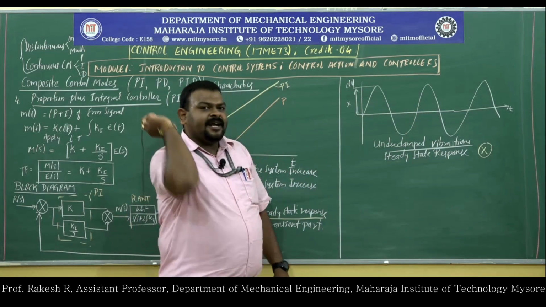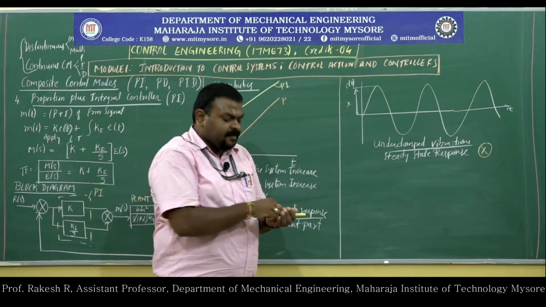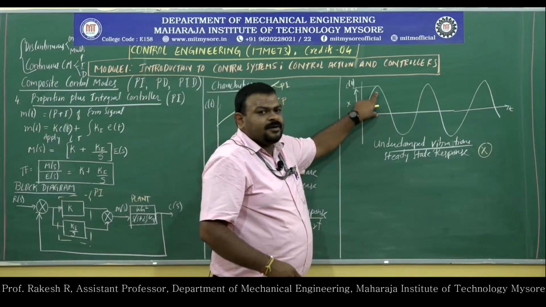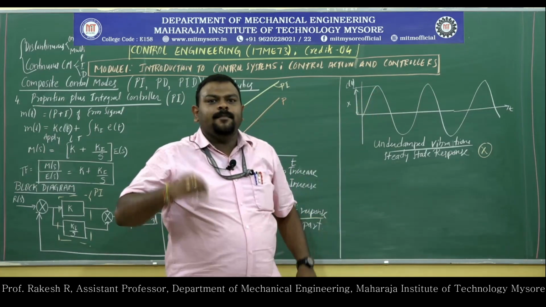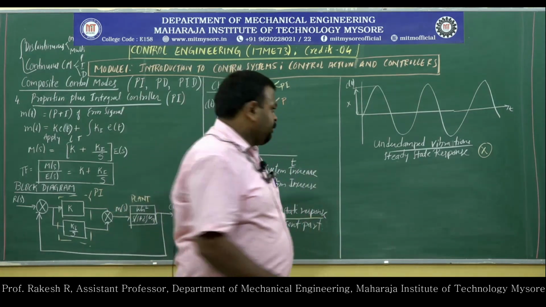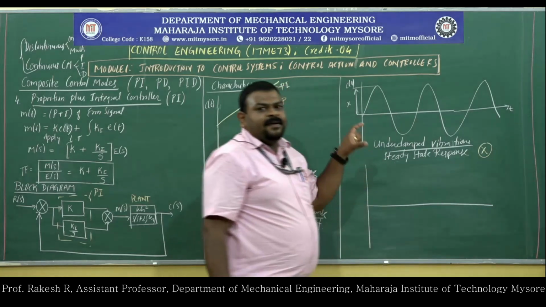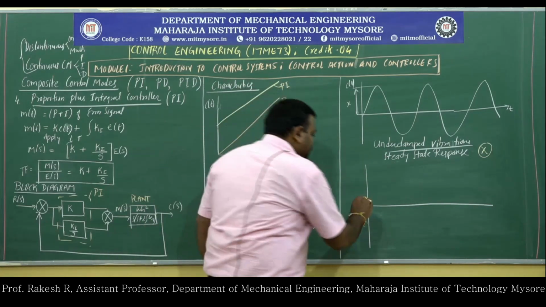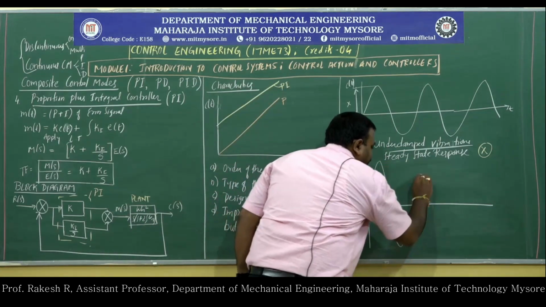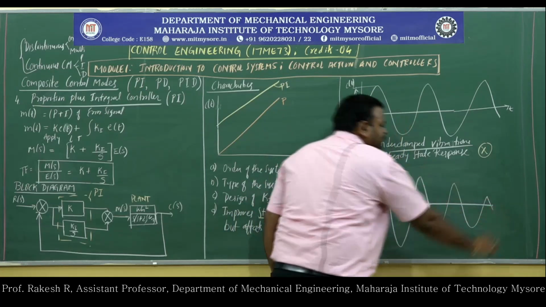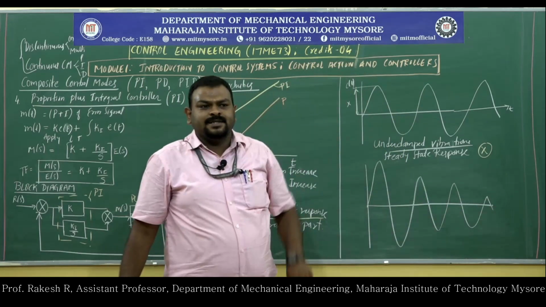Let us take the transient response of the system. The same steady state response is changed with the help of suitable damping. If we apply damping to the system, initially the vibrations will be high, then low, and finally the amplitude will decay.